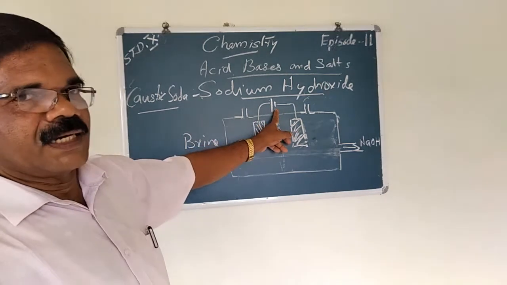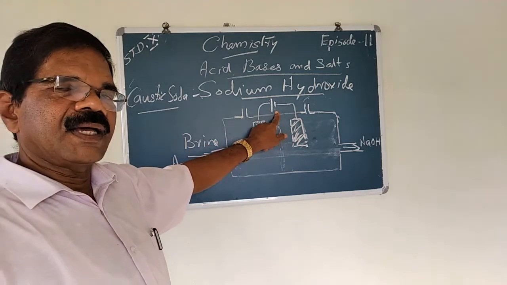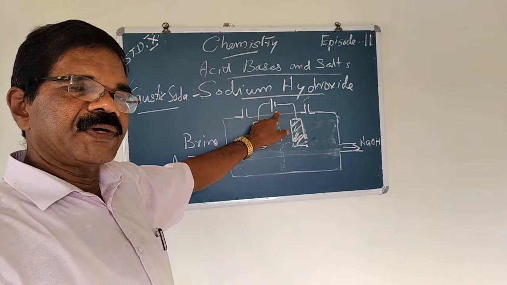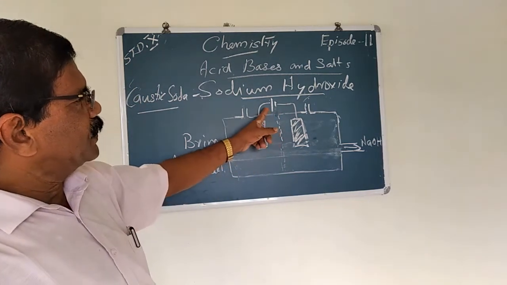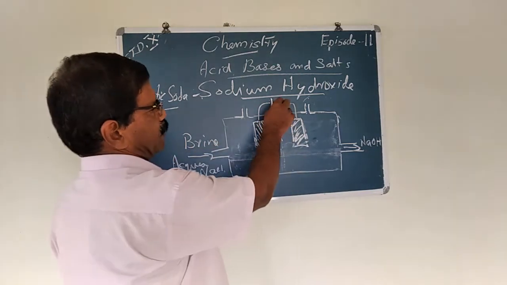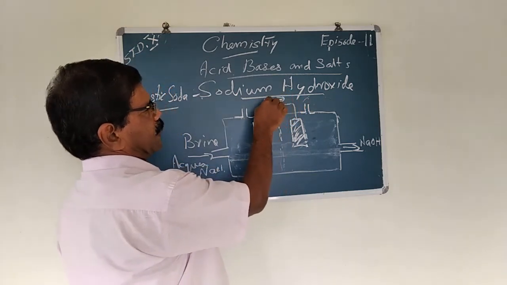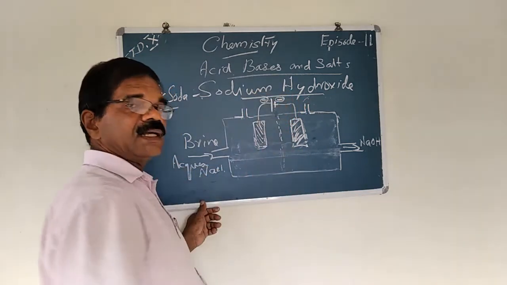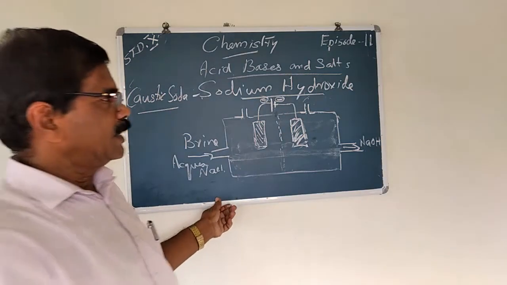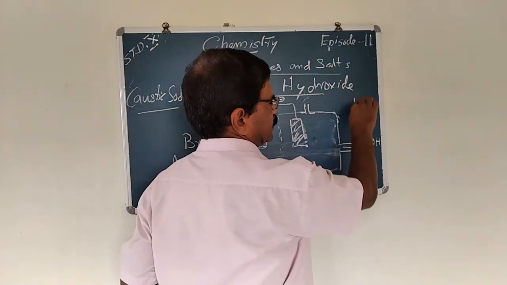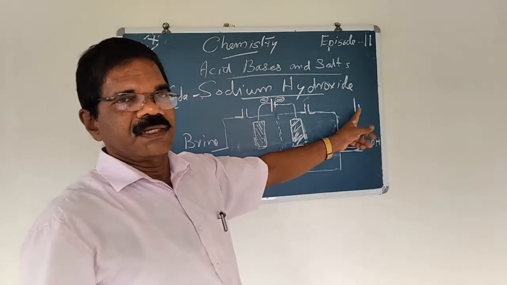In the previous class I told you about cathode, anode, cations and anions. Cathode is the electrode connected to the negative pole of the cell. Anode is the electrode connected to the positive pole of the cell. The symbol of a cell is two lines, one tall and one short.